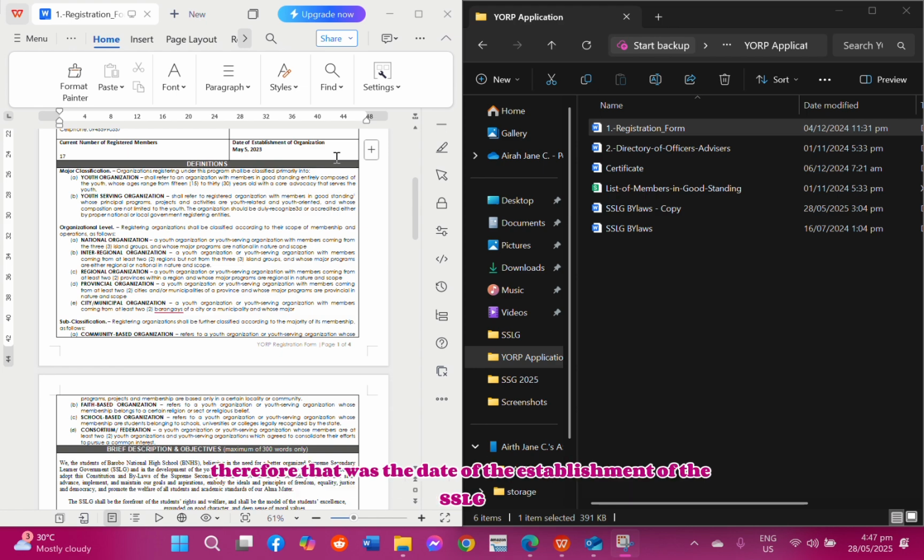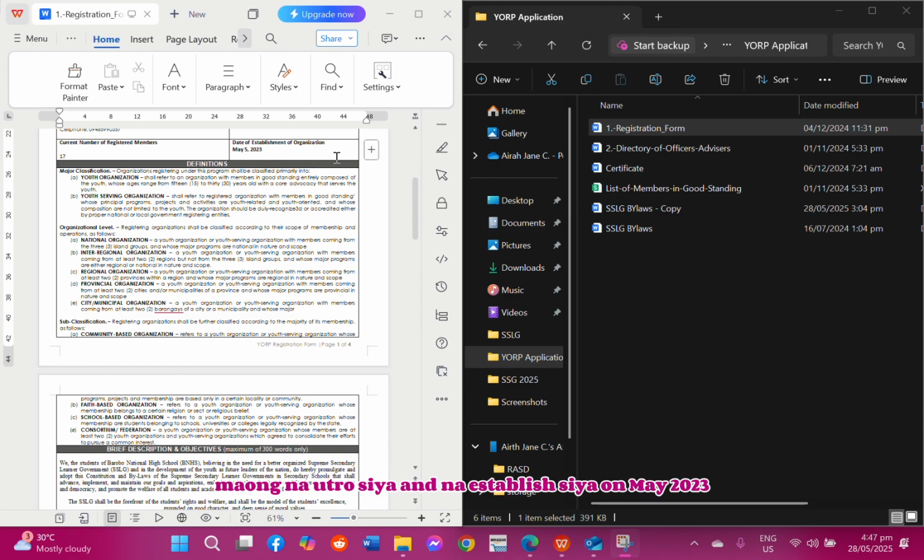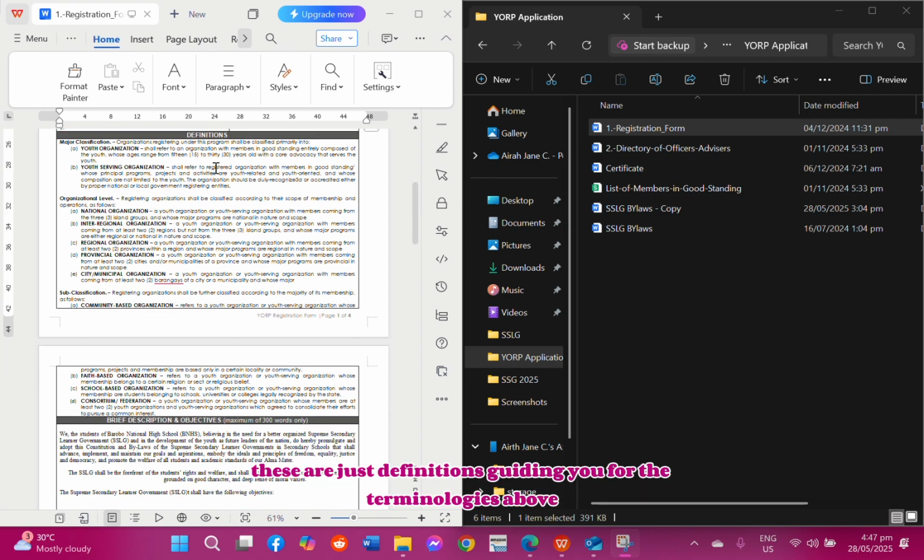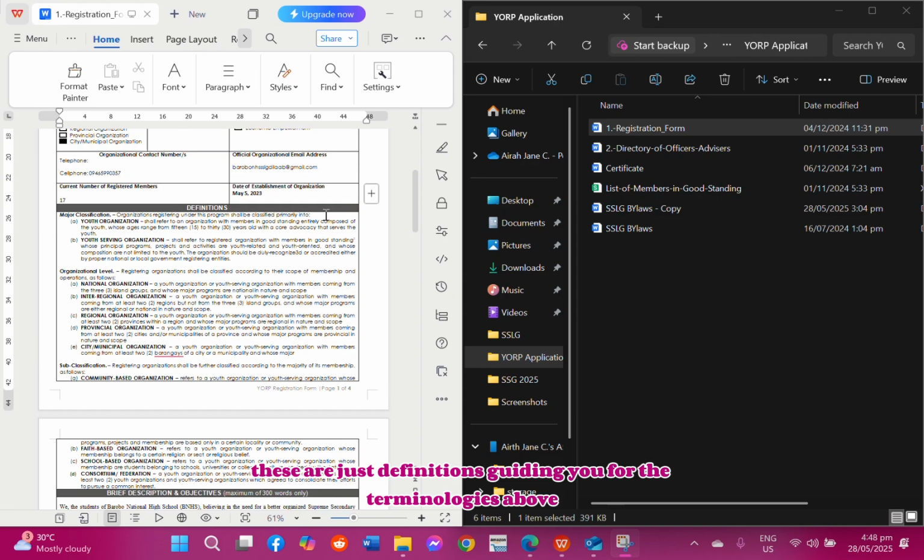Therefore, that was the date of the establishment of the SSLG because we no longer follow the constitution and bylaws of the SSG. So the SSLG is what we follow, and it was established in May 2023 after the constitution and bylaws were revised. But it depends on you if ever you register, how you establish your organization.